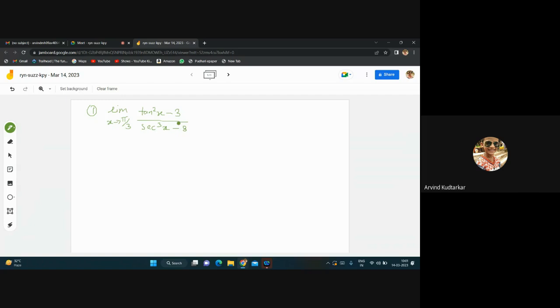So here in this example, when you apply the limit as x tends to pi by 3, what does it become?